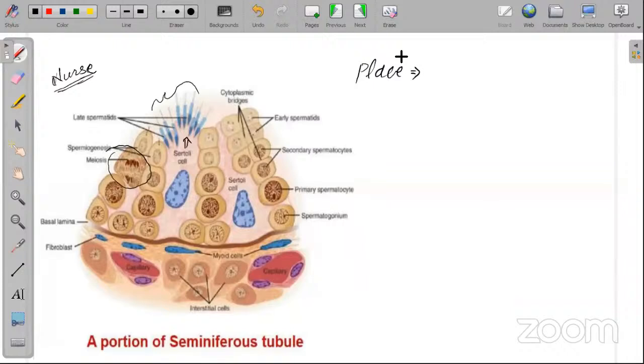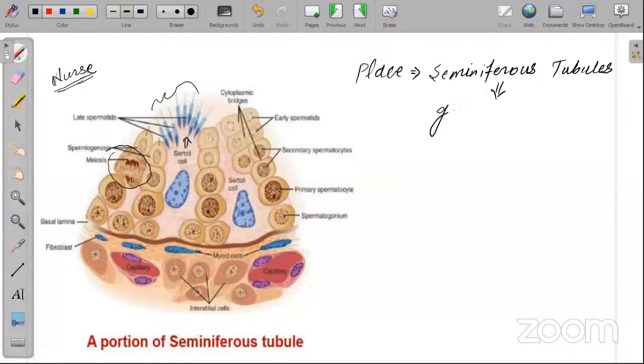This process starts from one cell, and this cell is present in the seminiferous tubule of the testis. If I am more precise, this process happens in the germinal epithelium of the seminiferous tubule.